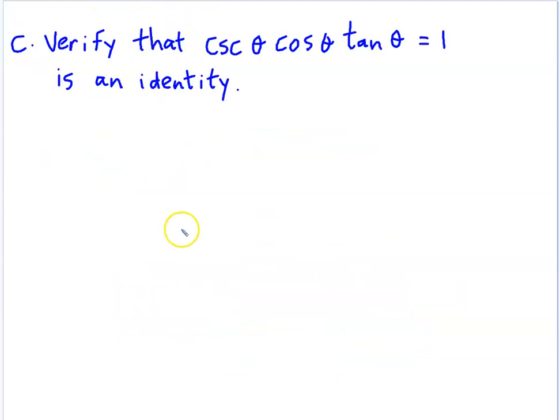All right, let's try another one. This one's a little bit easier probably. Verify that this is an identity. So obviously I'm going to take the left side and make it equal to the simpler side, the easier side, which is 1. So let's think about cosecant is 1 over sine.